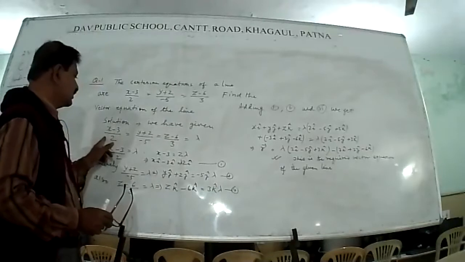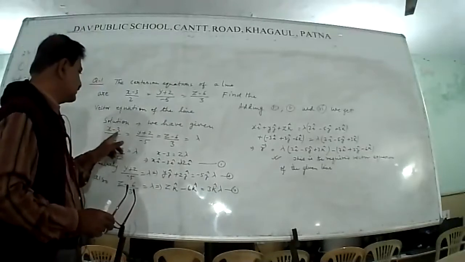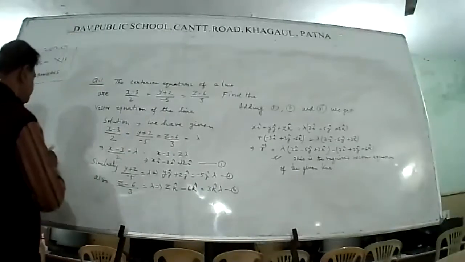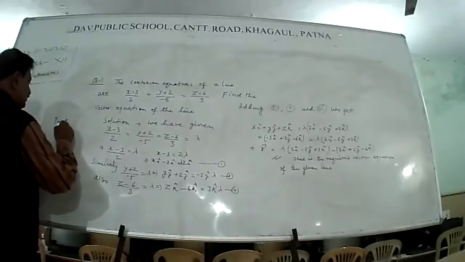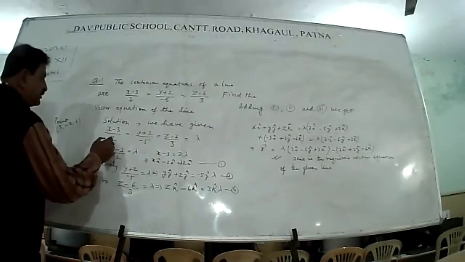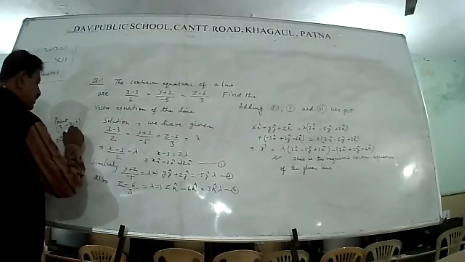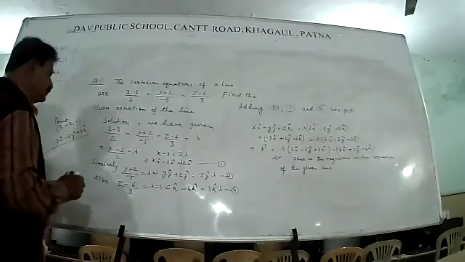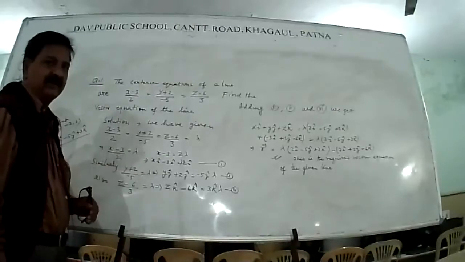From this equation, we know that the line is passing through the point 3, minus 2 and 6, and is parallel to 2 i unit vector minus 5 j unit vector plus 3 k unit vector. So, we have (x minus 3)/2 equal to lambda.